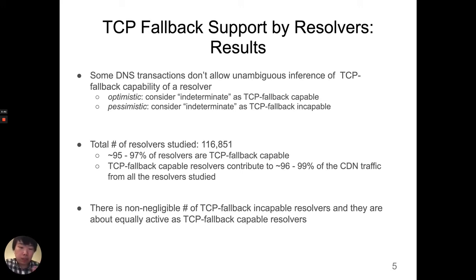The TCP fallback capable resolvers contribute to around 96 to 99% of the CDN traffic from all the resolvers we've studied. So the takeaway here is that there is a non-negligible number of TCP fallback incapable resolvers, and those incapable resolvers are just about equally active as the capable resolvers.